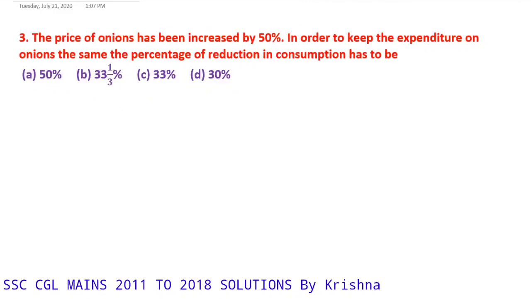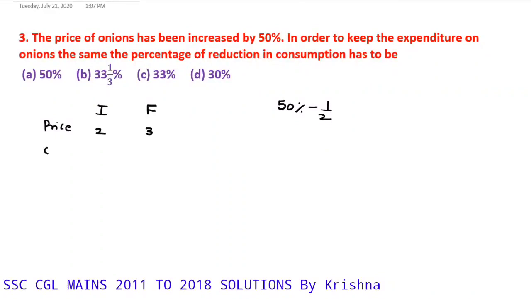The price of onion has been increased by 50%. In order to keep the expenditure on onions the same, the percentage of reduction in consumption has to be, so here 50% we will write it as 1 by 2. So price ratio, if you see initially and finally, so initially if it is 2 rupees, now it is available at 3 rupees.